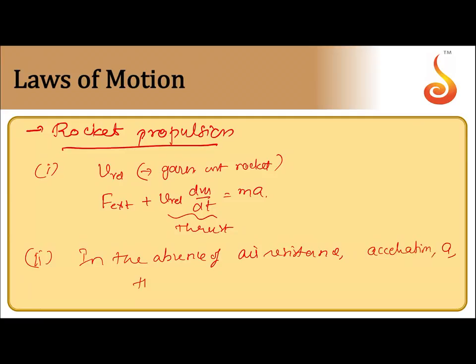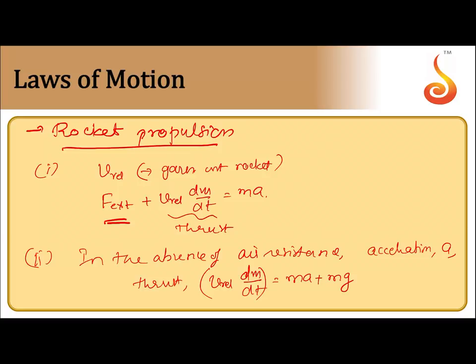Then the thrust, v relative dm by dt, is equal to m a, and of course g is minus of minus, so this becomes m a plus m g. Remember, g is always down, so this becomes minus m g. So in all, v relative into dm by dt, that's nothing but thrust, is equal to m a plus m g.